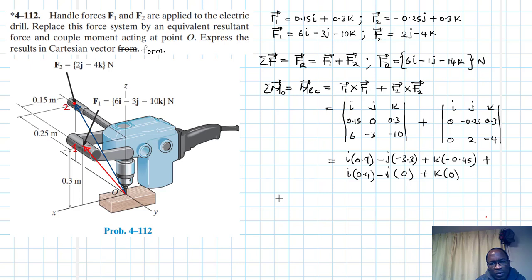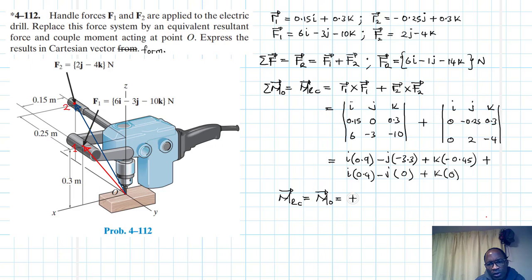Therefore, our resultant couple moment, which is the moment about point O, is just going to be equal to 0.9 plus 0.4.